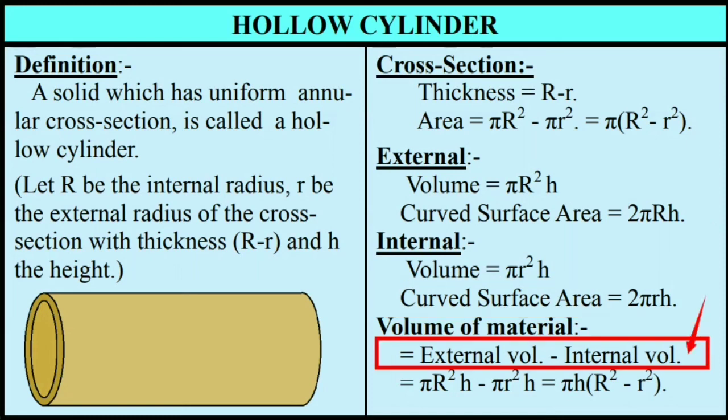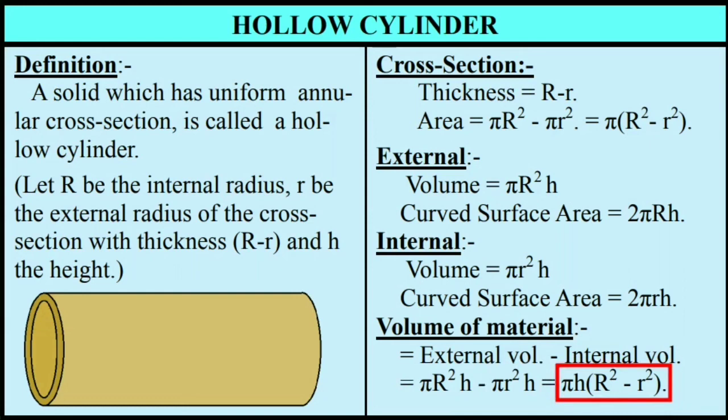Next term is volume of the material used in this hollow cylinder, and that is external volume minus internal volume of the hollow cylinder, where pi R square h, where R is the radius of the external circle, is external volume minus pi r square h, where small r is the radius of the internal circle.